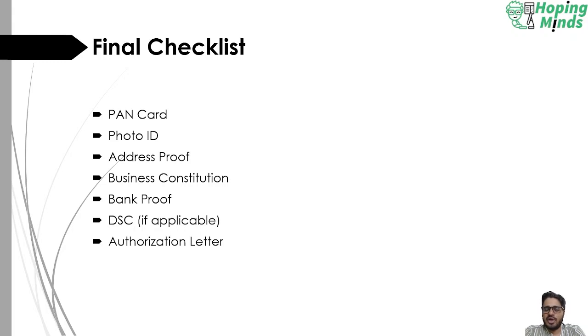So one thing is important to note here, that upon the submission of your registration application, Aadhaar authentication is a mandatory process. Under this, the application submitted must be authenticated by Aadhaar OTP. So the signatory's Aadhaar must be linked with a valid phone number to receive OTPs.